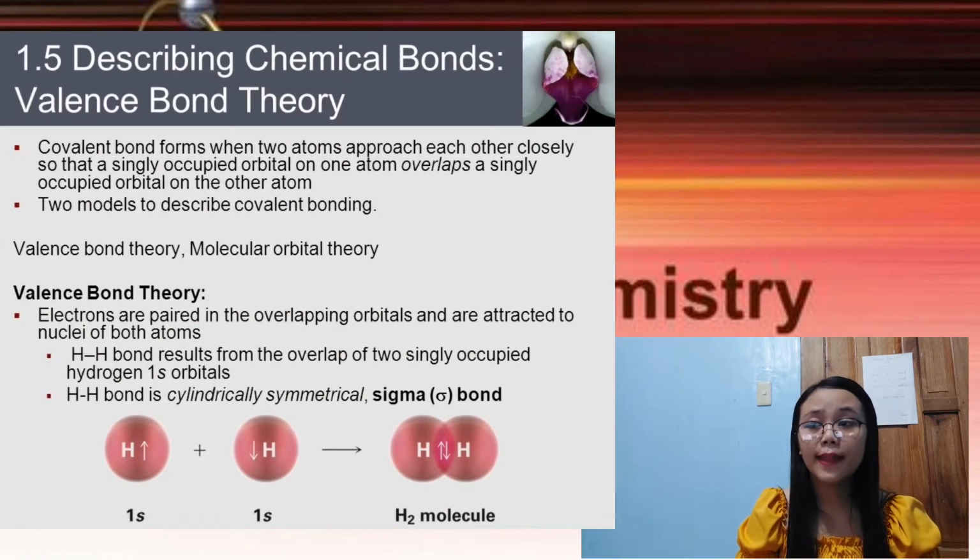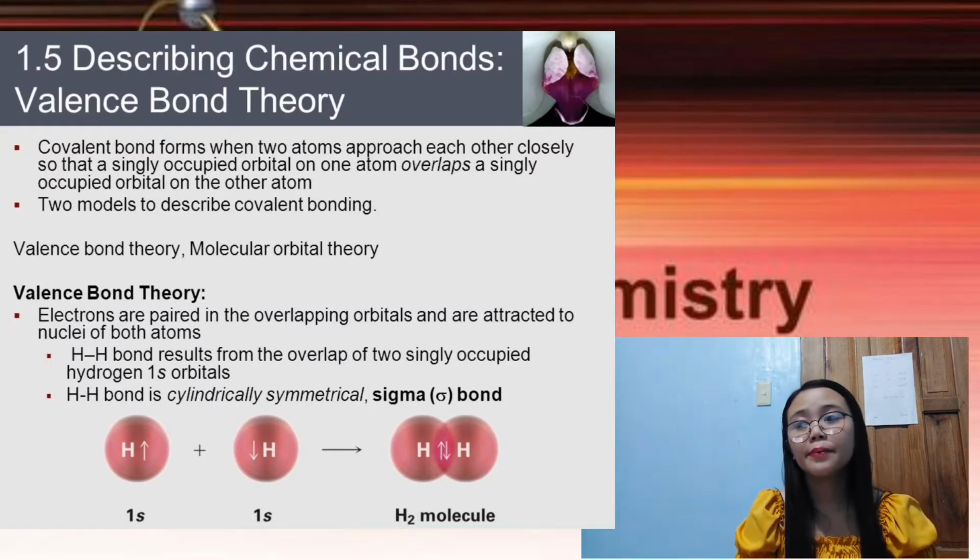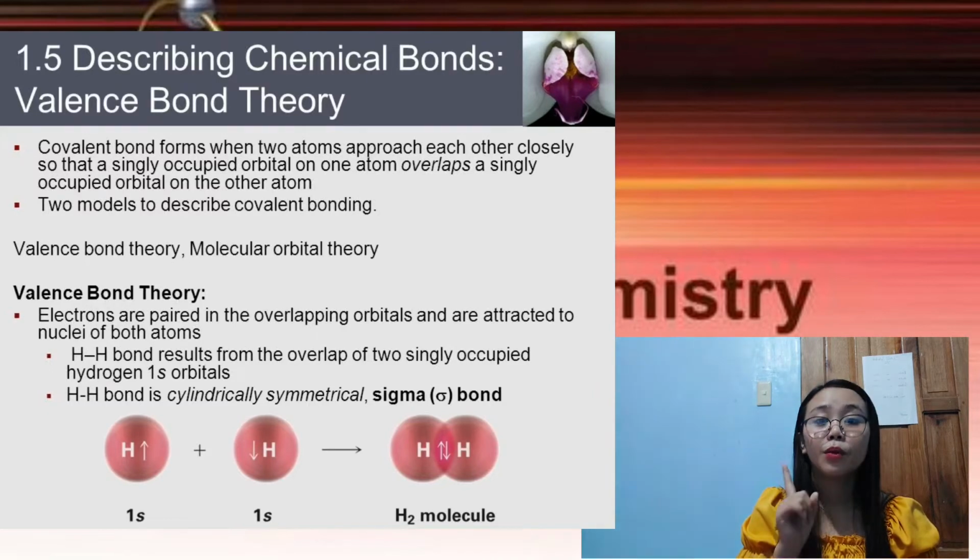A covalent bond forms when two atoms approach each other closely so that a singly occupied orbital on one atom overlaps a singly occupied orbital on the other atom. There are two models to describe covalent bonding: valence bond theory and molecular orbital theory.